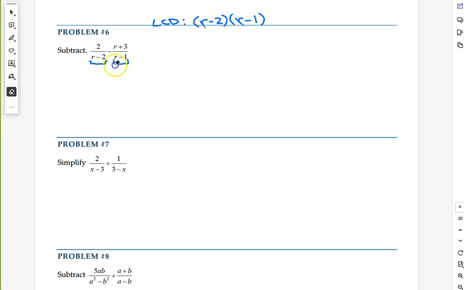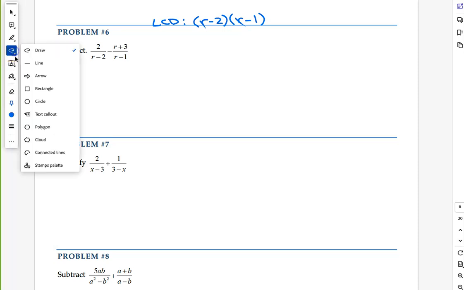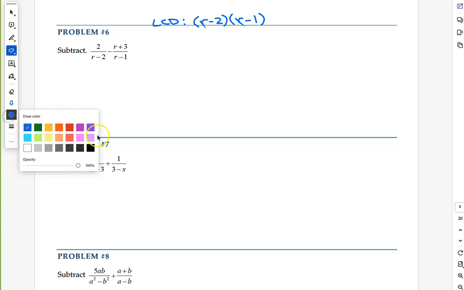Okay, let me just get rid of this. All right, so if that is what my denominator needs to look like, let's rewrite this out and see what it is that I am missing. Sometimes it's helpful if I have it in a different color here.